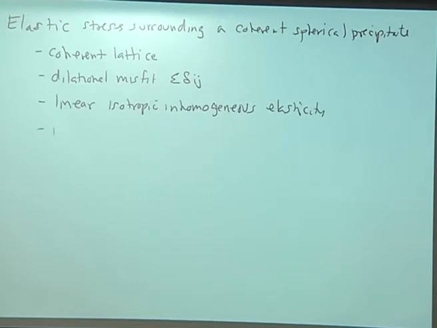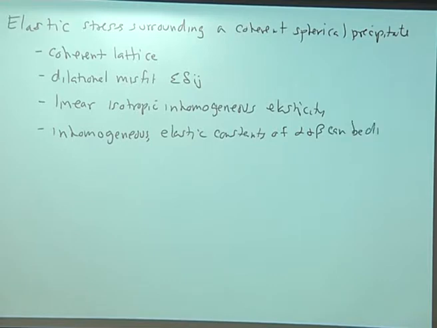By inhomogeneous, I mean that the elastic constants of alpha and beta can be different. And probably the biggest assumption of all is you're going to assume a spherical particle. So it's not quite a spherical chicken, but it's a spherical particle. It captures a lot of the basics.